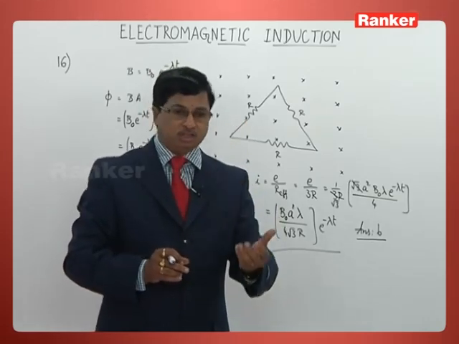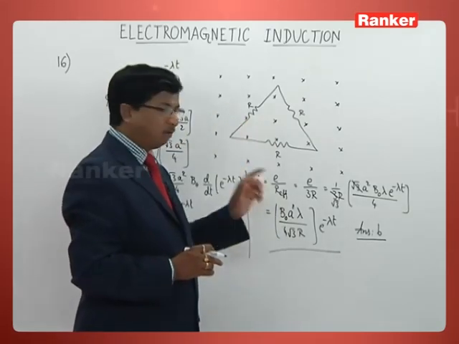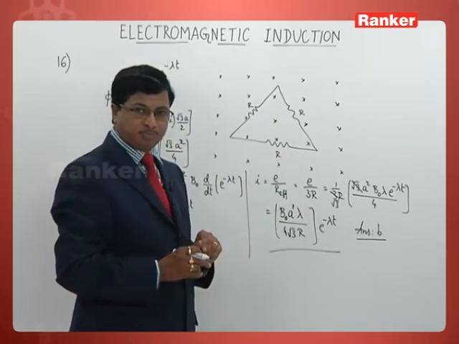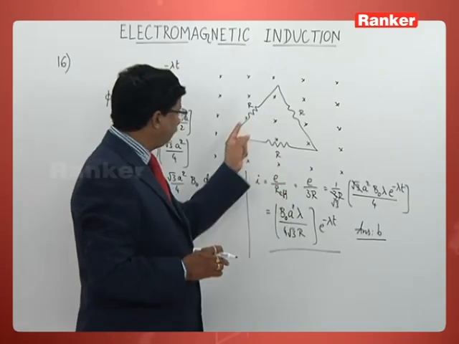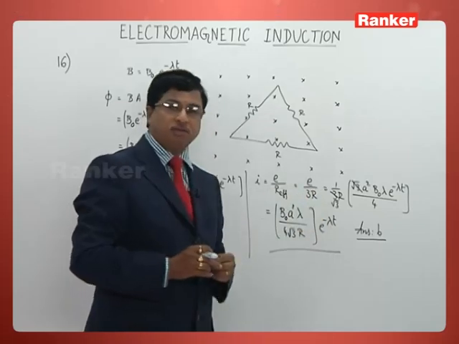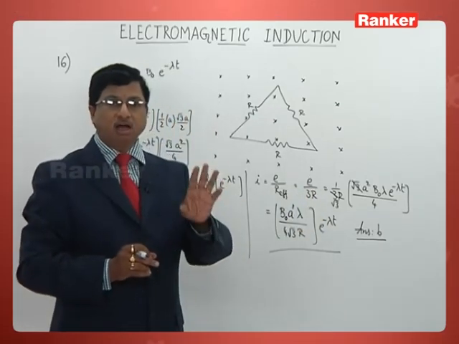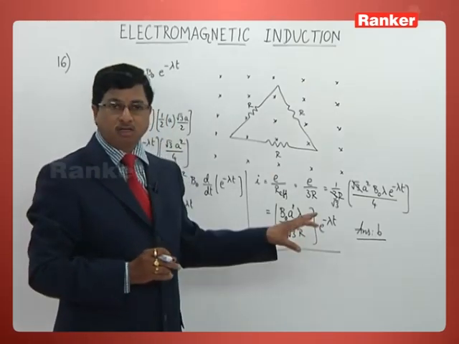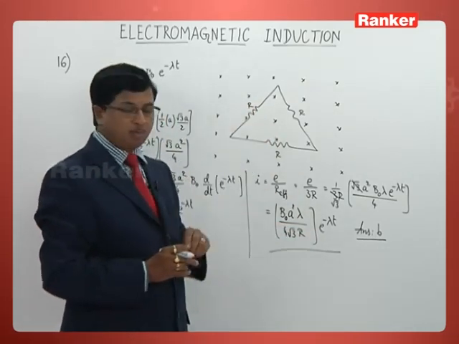By any chance if you take only R there of 1, then you will not get the right option there. So it is effective resistance. Since all of them are connected in series, that effective value of resistance now becomes 3R as such. So this is actually the calculated value for this particular problem.